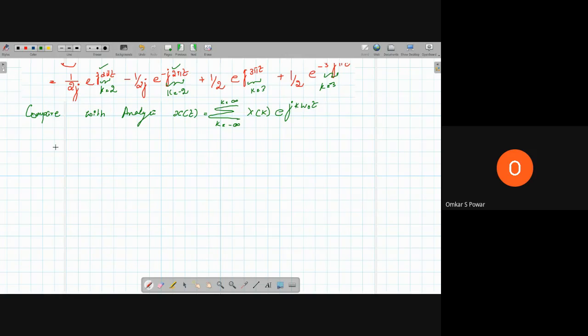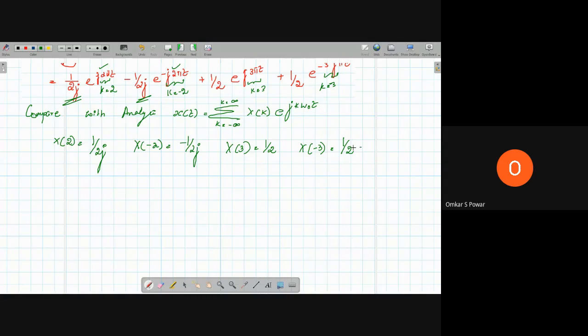Let us write each one by one. So x of 2, what is the value here? 1 by 2j. Then x of minus 2 is minus 1 by 2j. Then x of 3 is equal to half, and x of minus 3 is again equal to half.